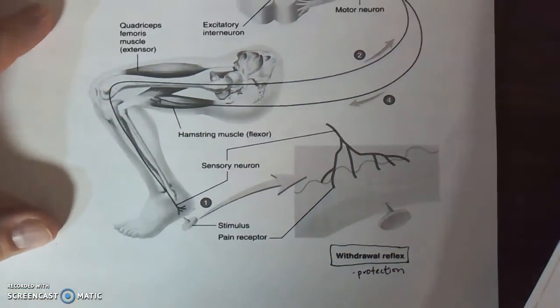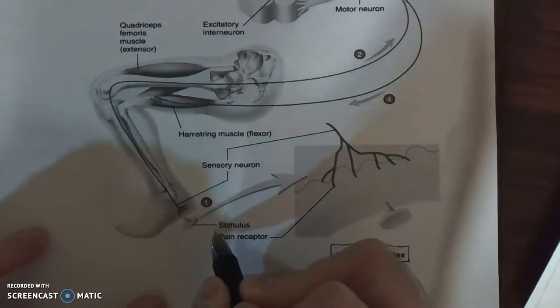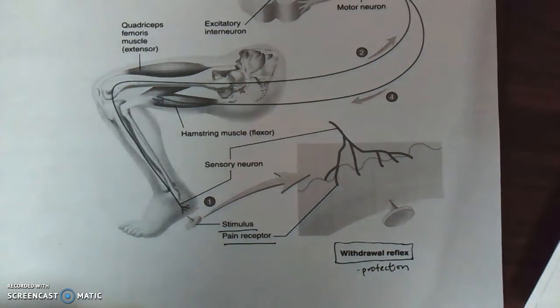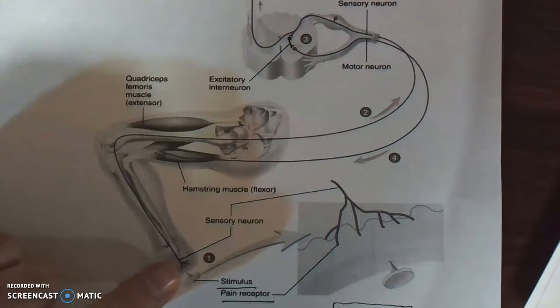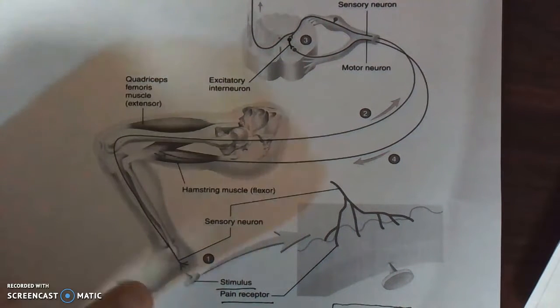So if we just take a general overview, you can see here we have a stimulus and a pain receptor. So pain receptors detect that there's something wrong. In this case, it looks like the person is stepping on a tack, which in your bare feet is going to hurt. So here we have the hamstring and the quadriceps again. You can see that we have our four parts.